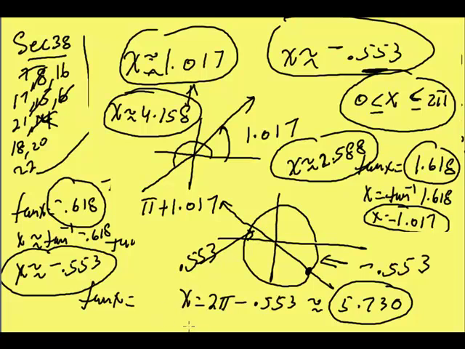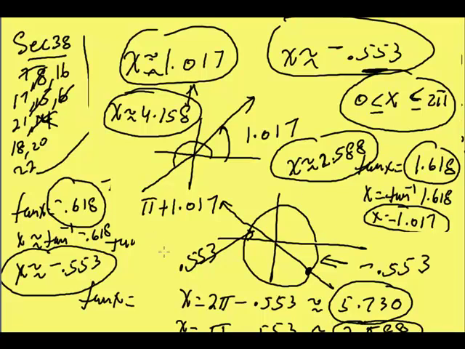Is that what you did, Jake? Okay, so Jake took pi and subtracted 0.553, and he got 2.588. There are 4 of them.